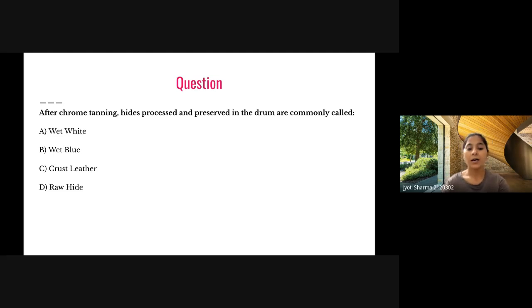So yes, because tanning is giving you more lifetime of the leather. So this is how you can process and preserve it in the drum, and that will be known as the wet blue.